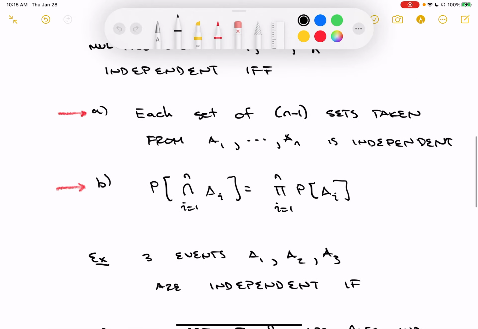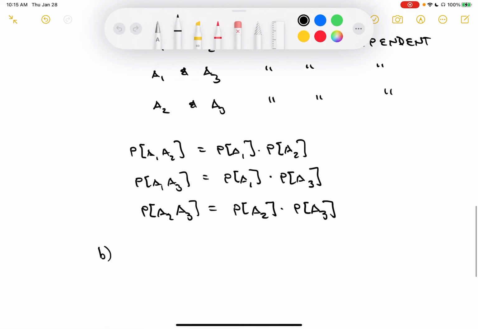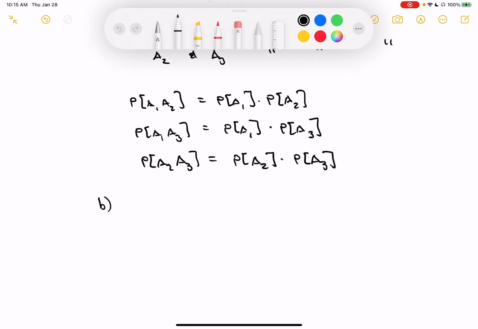If you go back up here to B, it says that intersection 1 to n, and again in this case n is 3. So the intersection of A1 up to A3 has to be a product of all their individual probabilities. So in this case for 3, this is also saying that the probability of A1 intersected A2 intersected A3 is equal to the probability of A1 times the probability of A2 times the probability of A3, right?